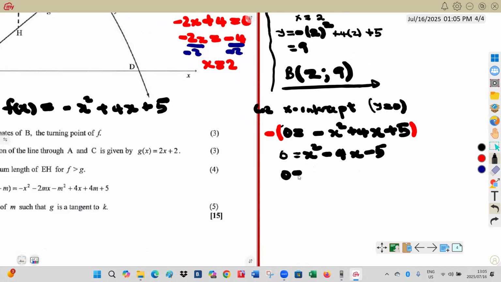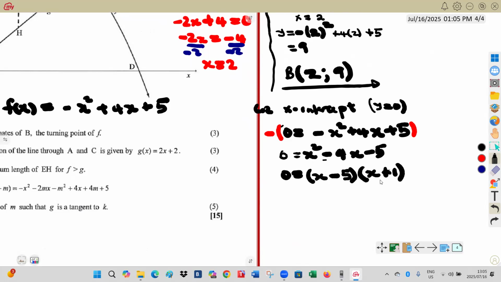So our 0 is equal to, we can factorize here. Factorizing, we are going to get (x minus 5)(x plus 1).